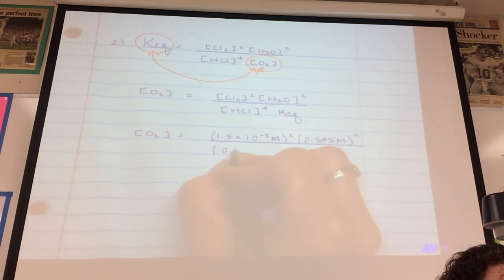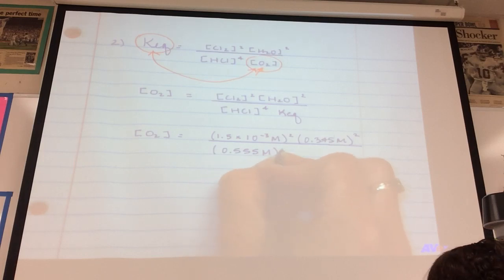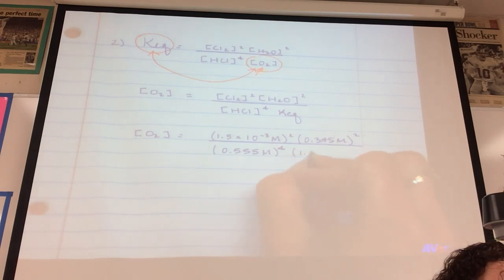HCl, 0.555 molar to the fourth. KEQ, 1.0 times 10 to the negative 2.